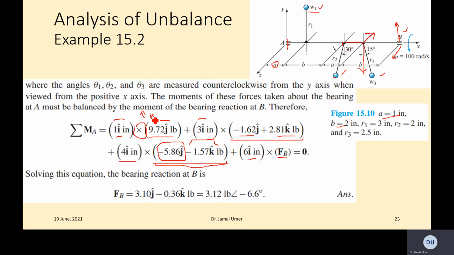That's the way you do that. Within this equation, you will work out the FB value, where the sum of such components is 0. So you solve this equation for FB.